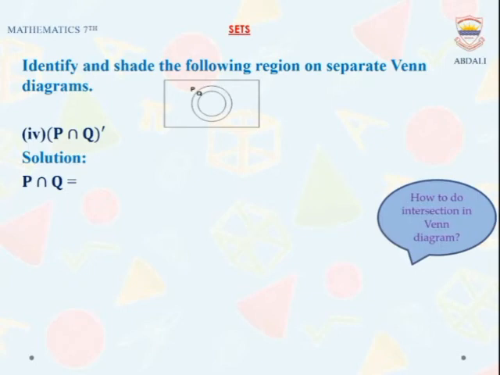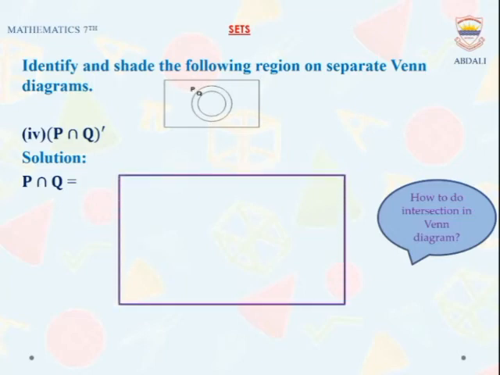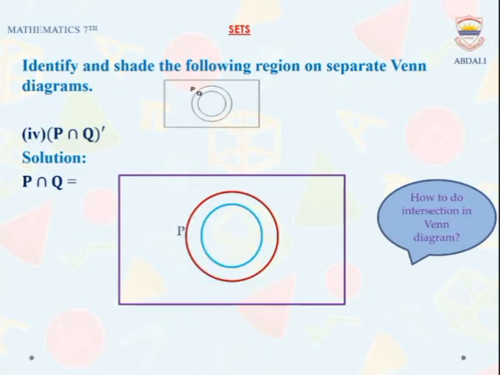We have seen union and complement, and now we are going to see intersection. So let's start by drawing our universal set, and after that we will draw our set P and set Q, exactly like the shape in the question.